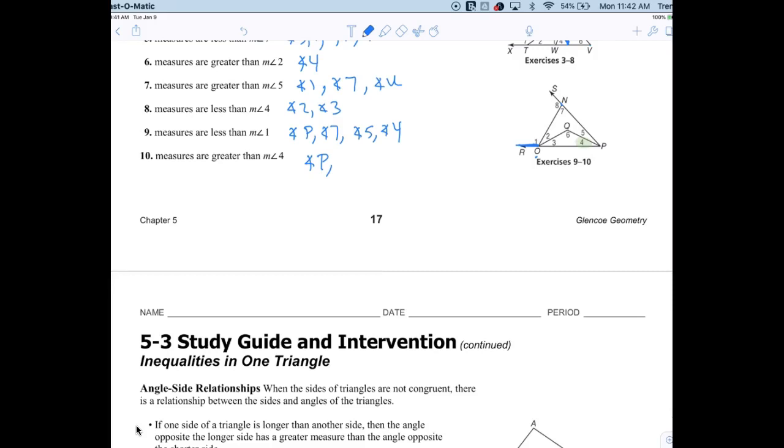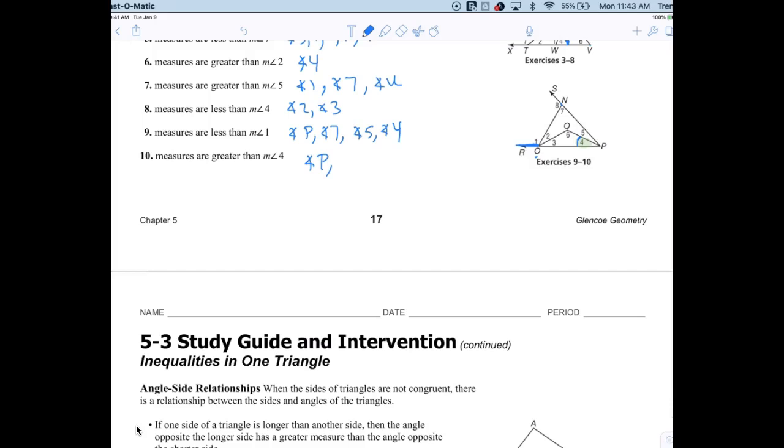I was thinking though, I thought angle 1 was right, because we put measures that are less than angle 1. Yeah, it should be. Therefore angle 4 is less than angle 1, so angle 1 would definitely be greater than angle 4. Yeah, this 1 is greater than 7. So we're looking for measures that are greater than angle 4, right? She was right. Speak up.